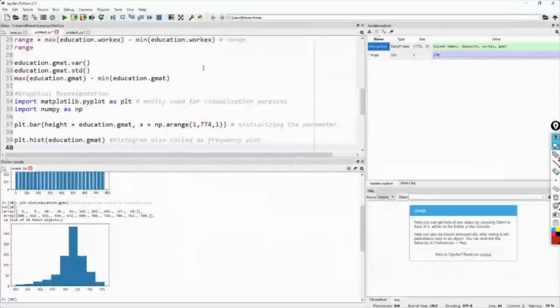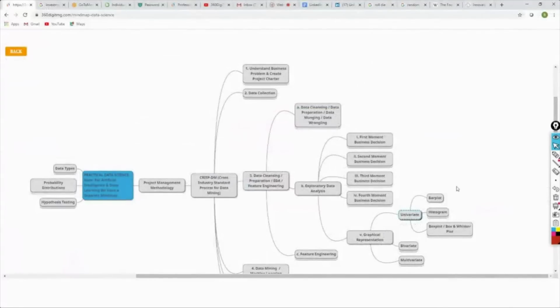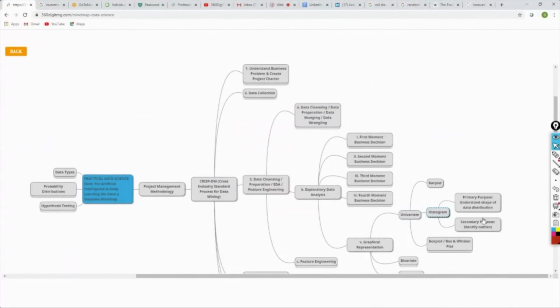If you look at this Python, I am taking a single column and doing a histogram for that single column, GMAT. Since I'm drawing a histogram for a single column, it is called univariate. Univariate means single. So we have histogram.